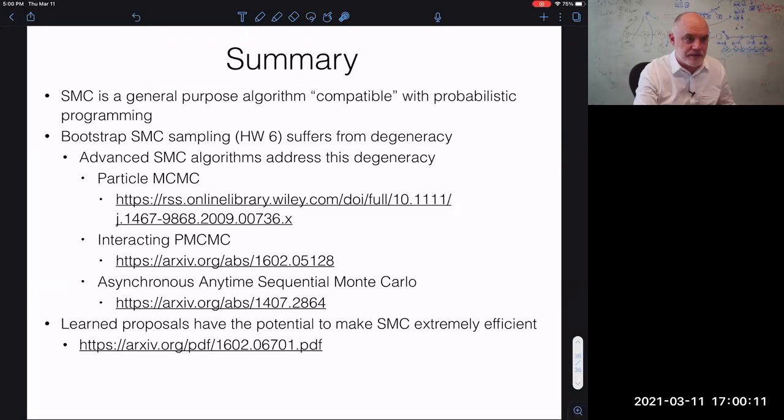Bootstrap, the simplest of sequential Monte Carlo algorithms, suffers from degeneracy issues and can suffer from going to bad places early and high variance results, right? Particularly with a small number of particles. Everything is good when you have an infinite number of particles. Advanced sequential Monte Carlo algorithms address this degeneracy.